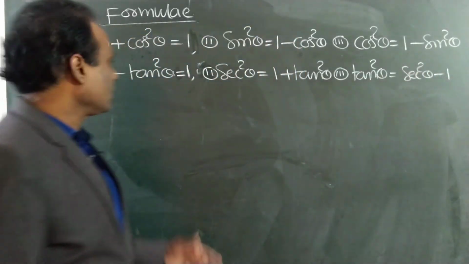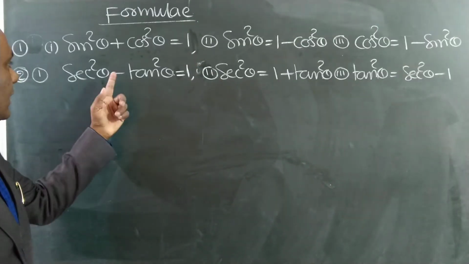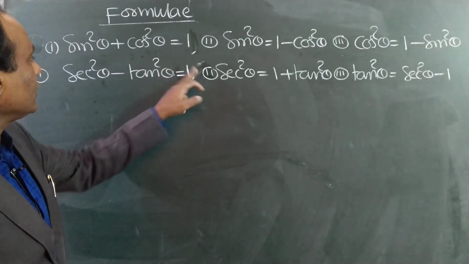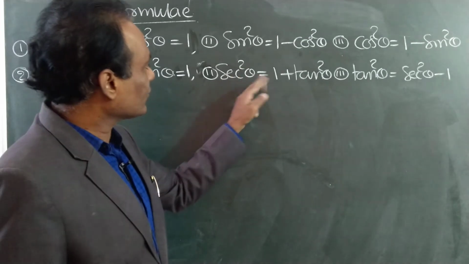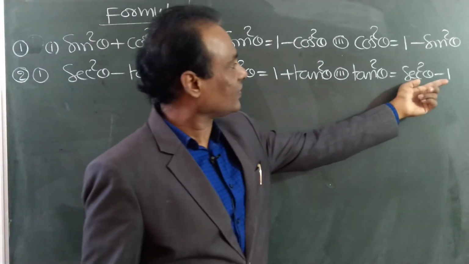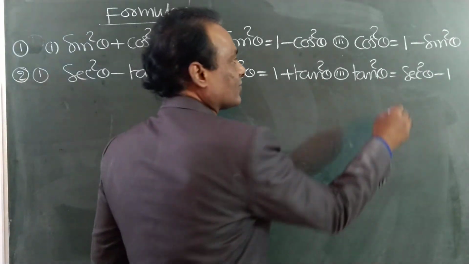Or plus 1 this side, secant square minus 1 is equal to tan square.